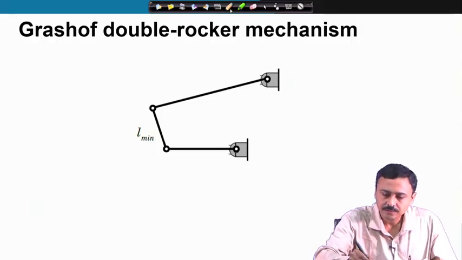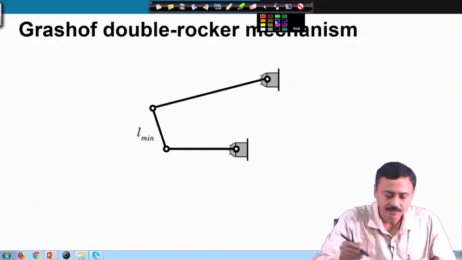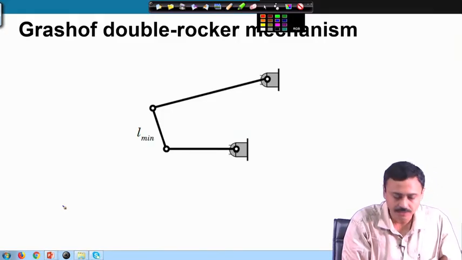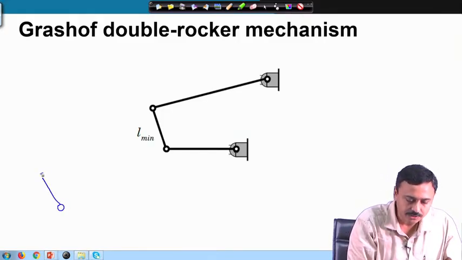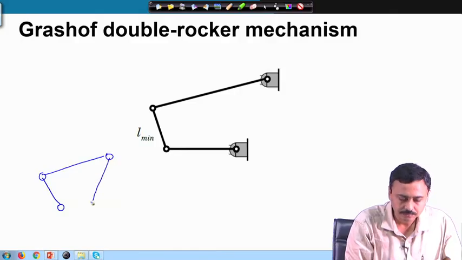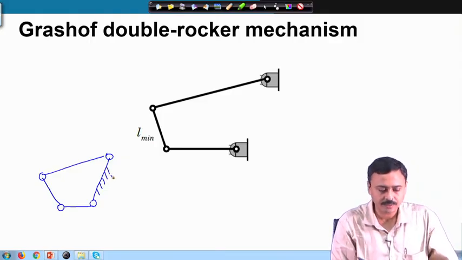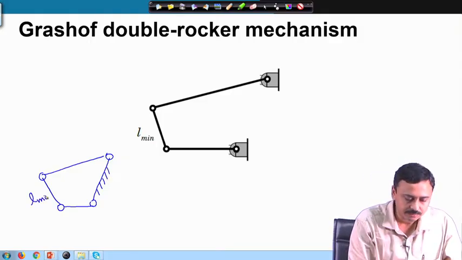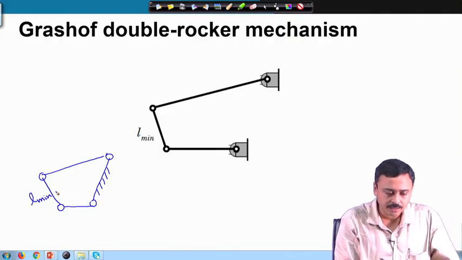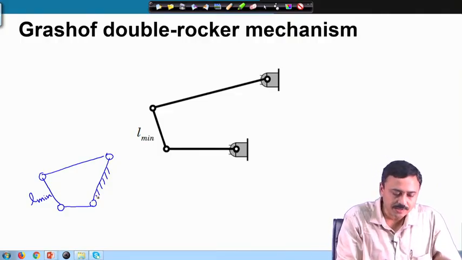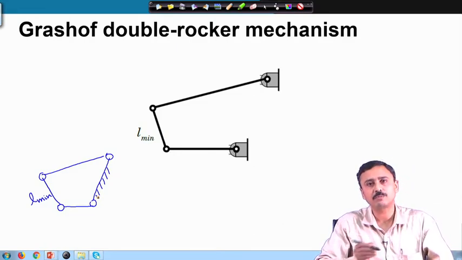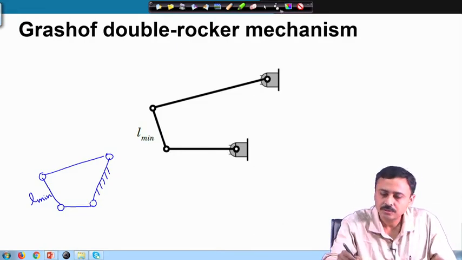Here I have fixed the remaining link that was free till now. Let me redraw the chain. Here I have fixed this link, this is L min. Now, what happens here, because the other links always rock with respect to one another, therefore, this will rock and this will also rock.